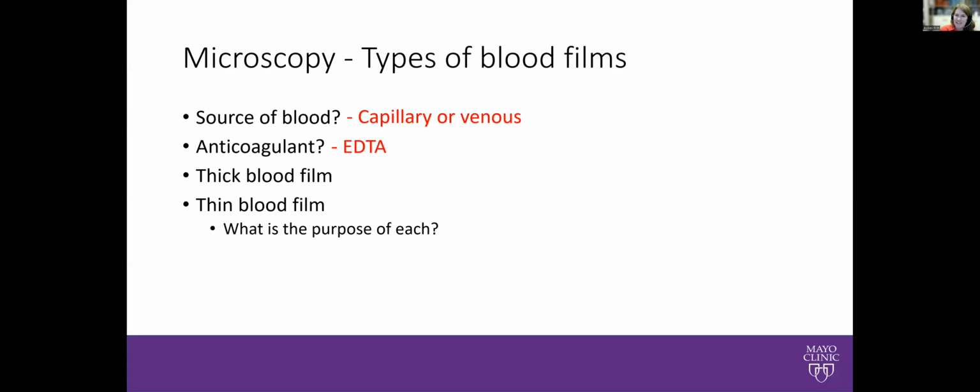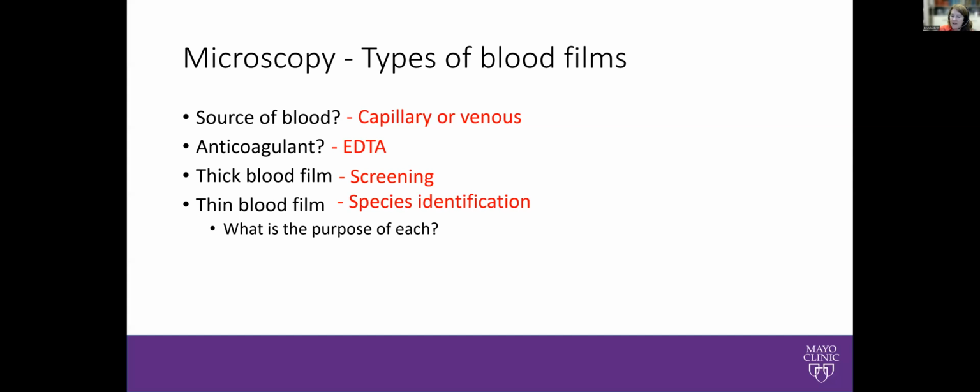Now, if we were in person, I'd be asking you these questions and waiting for your responses. Instead, you'll have to quiz yourself as we go through this. So, what is the purpose of each of these? We have the thick blood film, which, like its name implies, is a thick layer of blood. Therefore, it's very good for screening. It's more sensitive and you can easily detect parasites that are present.